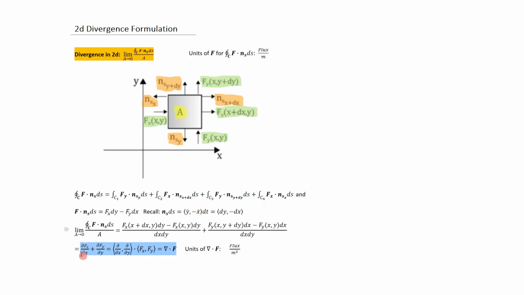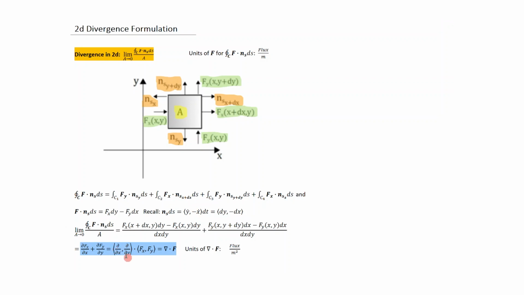And then we apply a little trick. We realize that this could also be written as a dot product between 2 different vectors, but the vectors have different meaning. For instance, we could create a vector which involves the partial of x and partial of y. We call this the gradient operator. This is something we saw earlier in the course when we dealt with the gradient. And this is dotted with the actual field vector itself, the x component, y component. So if you apply the dot product formula, this partial x operates on fx, this partial y operates on fy.